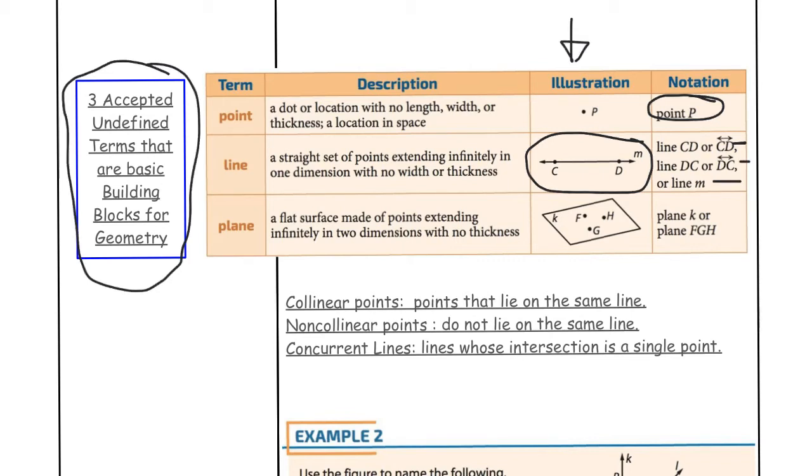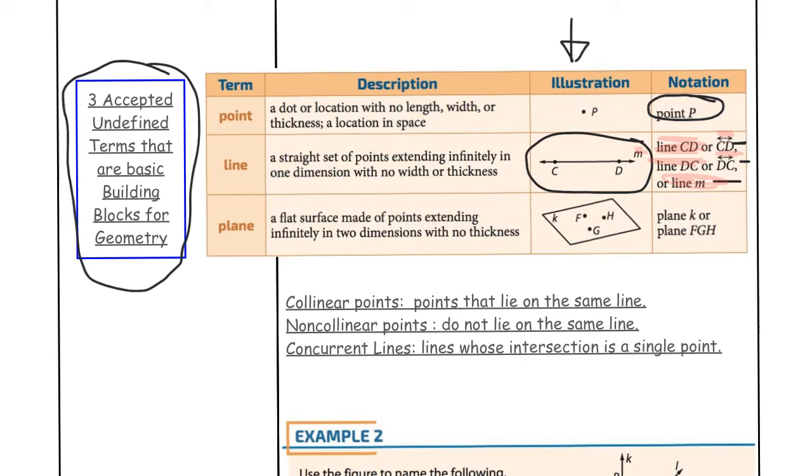Note the multiple notations. You could use the word line, line CD, or you can draw the little line arrow over the top. You could use the word line DC, or you could put DC with the little double arrow over the top, or you can write line M. That M is the little italicized M up above the line.